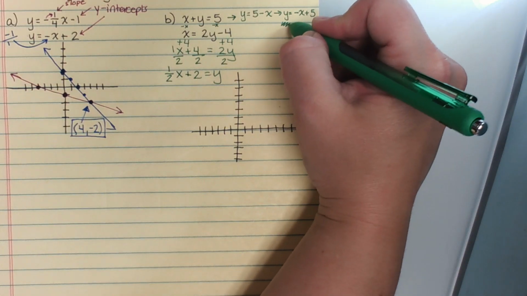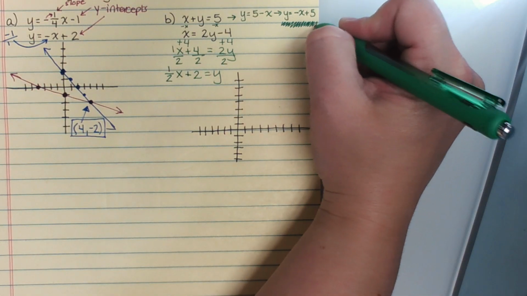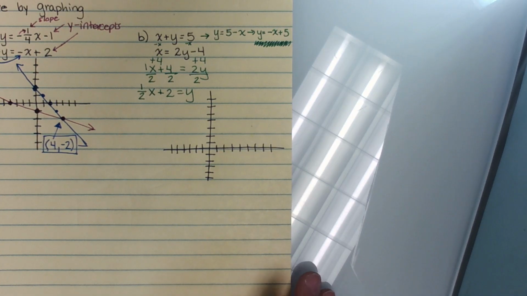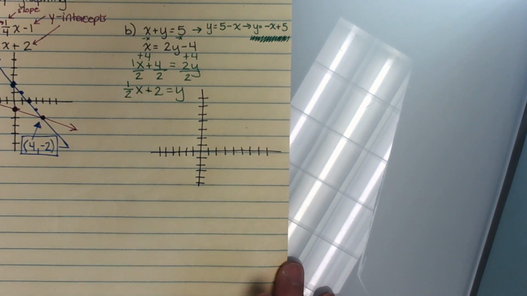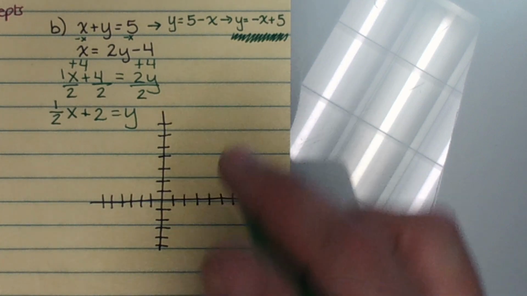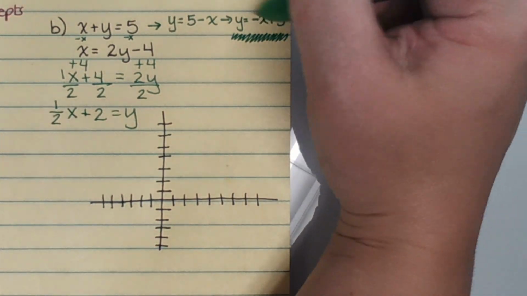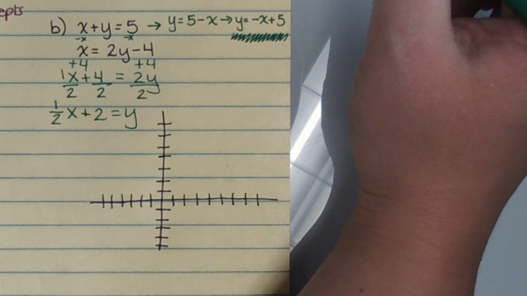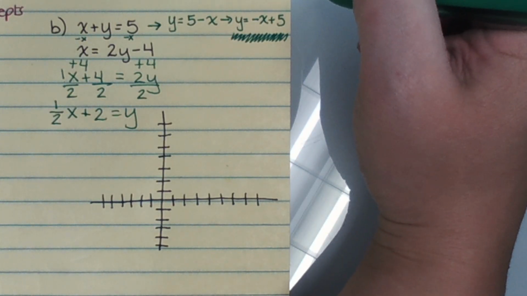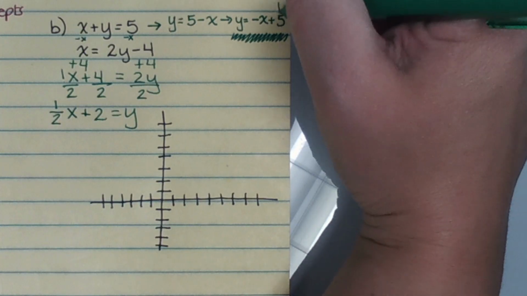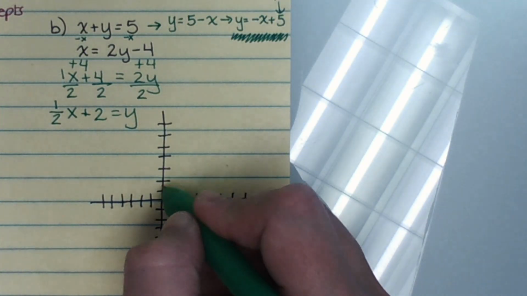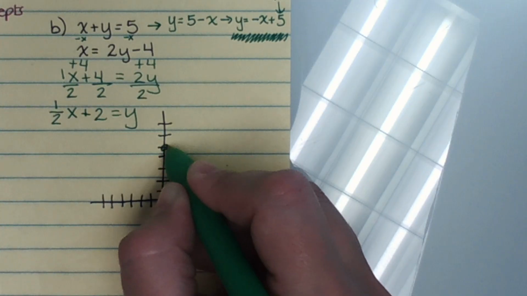And I graph them. I start with this one. What's its y-intercept? The y-intercept part of it is just the constant. Which part's the constant? Which part doesn't have the letter? 5. Y-axis, 1, 2, 3, 4, 5.